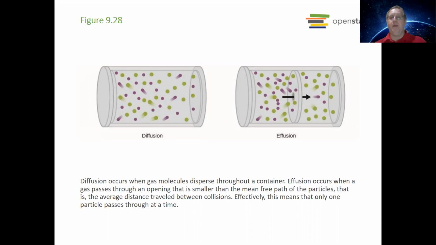Now, think of opening a perfume bottle. A molecule is going over 1,000 miles an hour, somewhere in that range. So if you're 20 feet away from somebody opening a perfume bottle, why don't you smell it instantly? Well, that's because as this molecule goes, it's going to go until it hits something, and it's going to change directions.